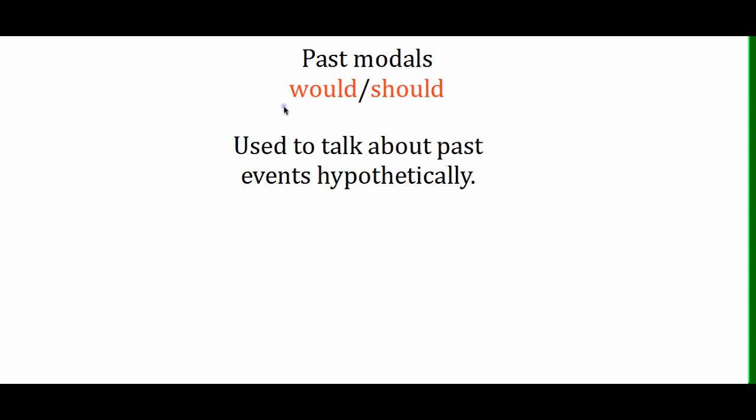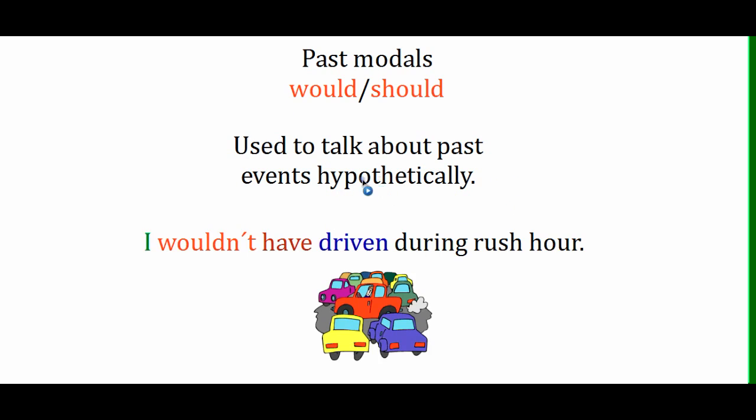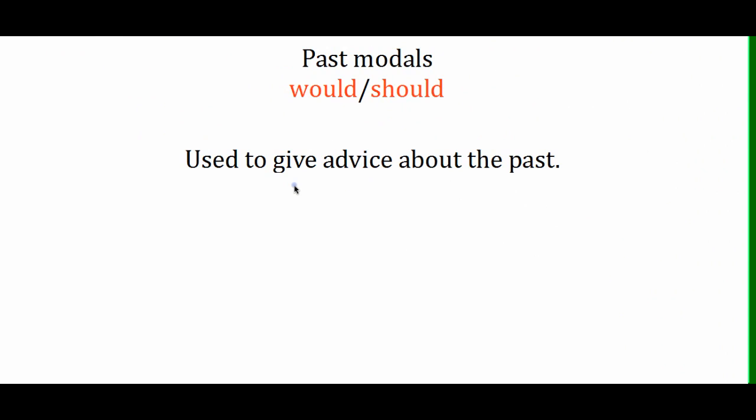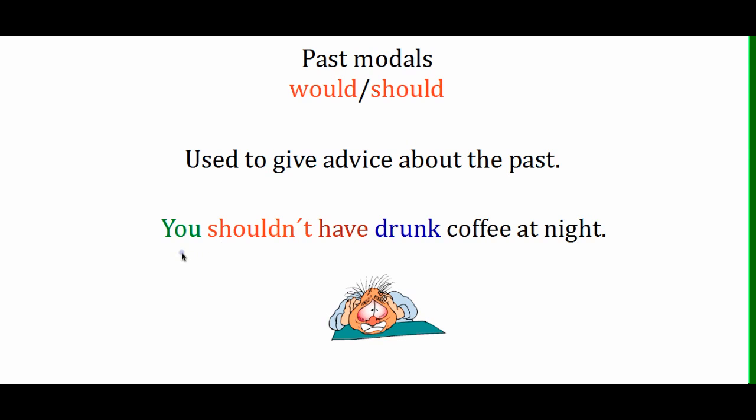Past modals can also be used to talk about past events hypothetically. So we could say, I wouldn't have driven during rush hour. And they can also be used to give advice about the past. For example, you shouldn't have drunk coffee at night. Okay?